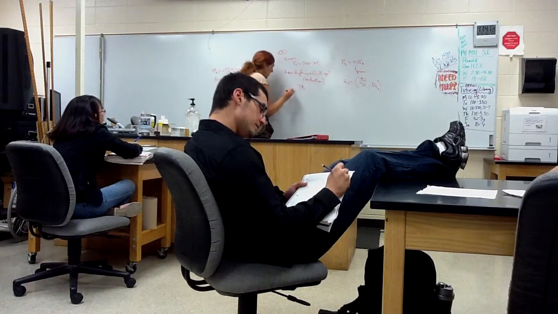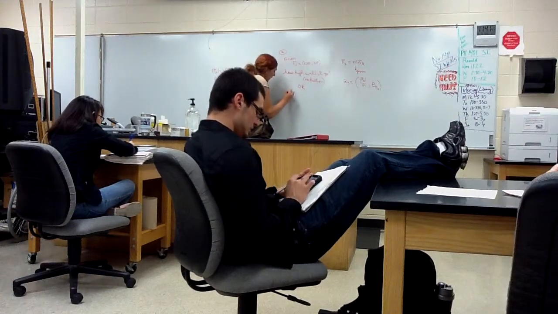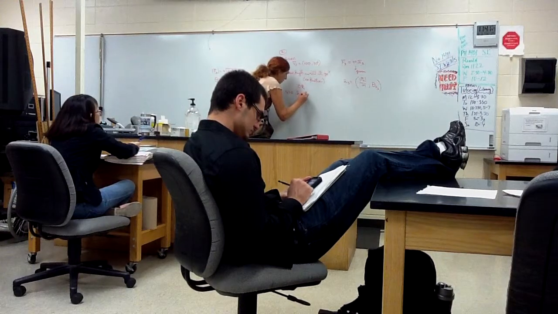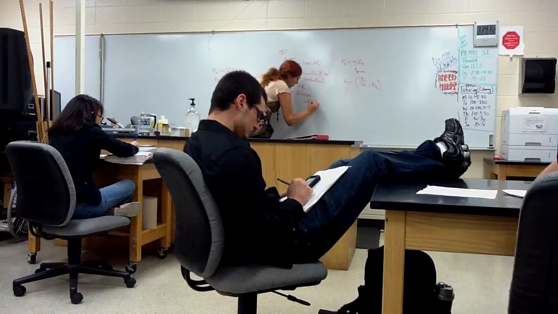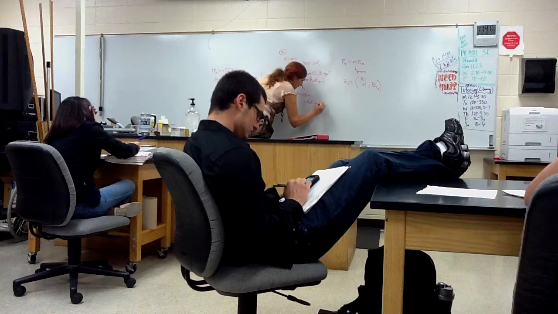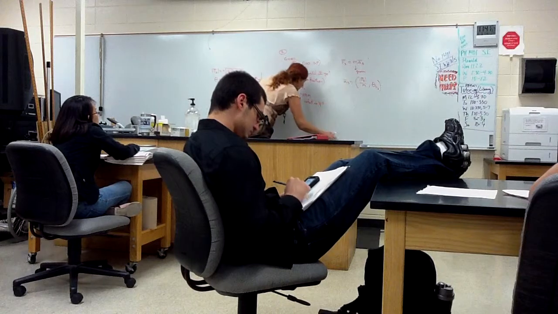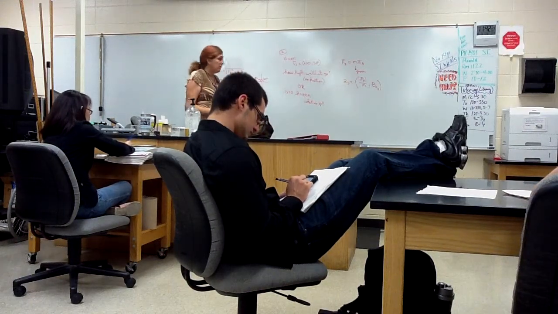Or another possibility is the initial velocity is 0, and it starts at maybe 100 meters. What is its final velocity? These are 2 questions that we can answer. They're like the same problem, but in reverse.